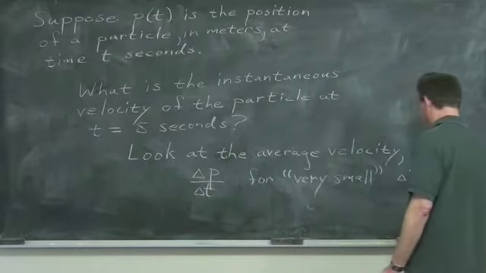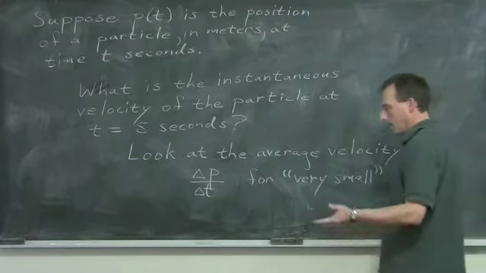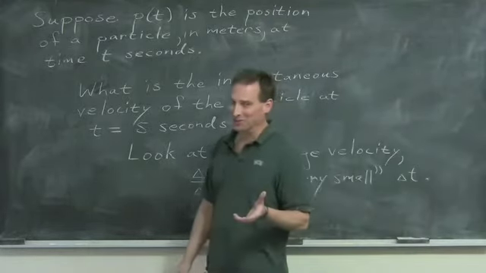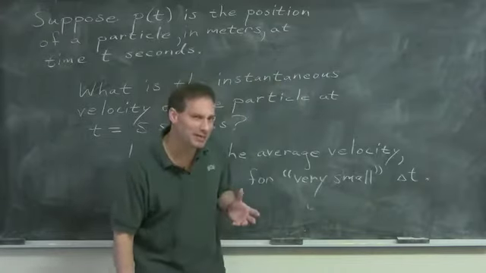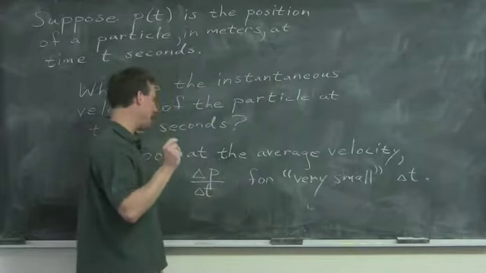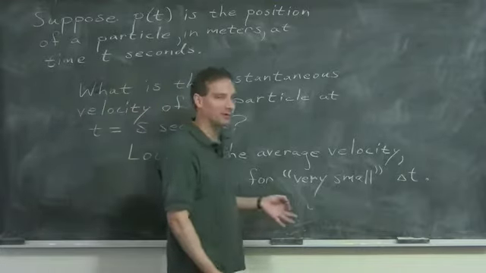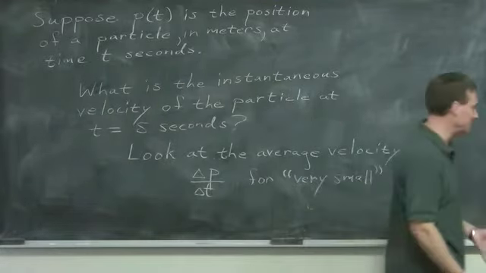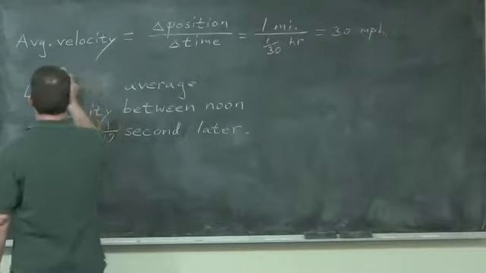So for very small delta t. How small is very small? Really, really, really small. We can't let it be 0, but we'd like to let it be 0, but we can't.